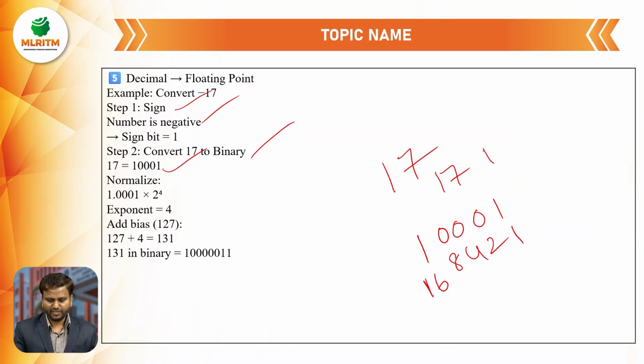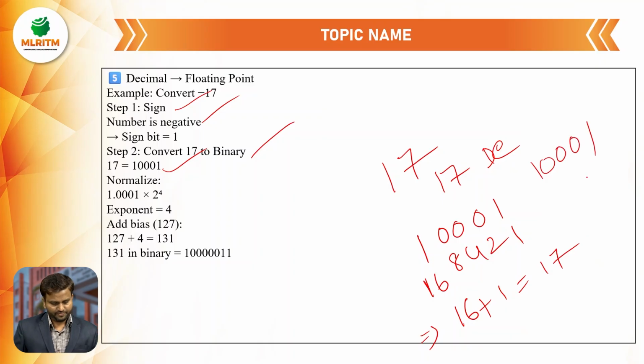With the decimal equivalent of the binary digits, there is a 1 in the 16 place and a 1 in the 1 place, so that makes 17. So 17 equals 10001.